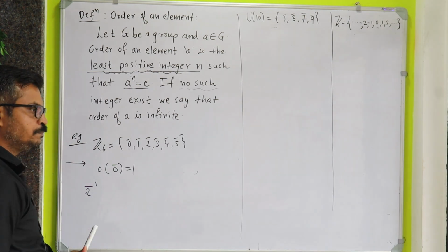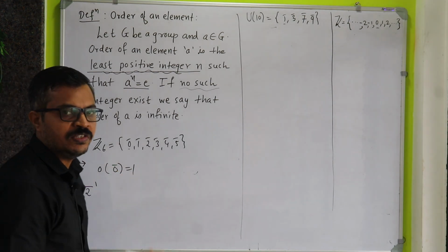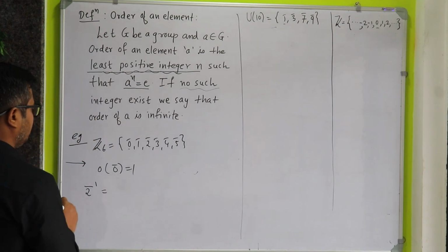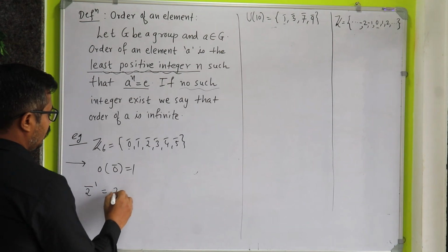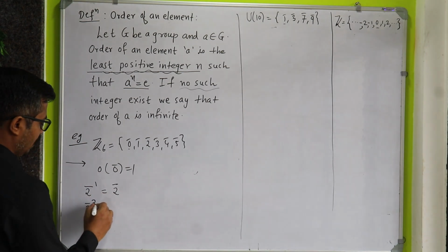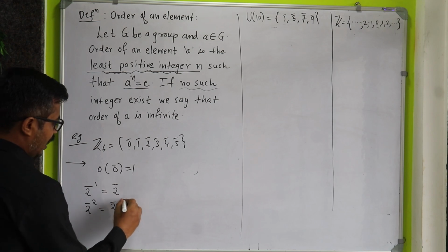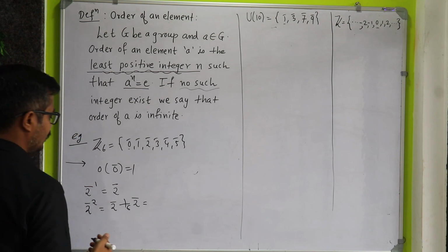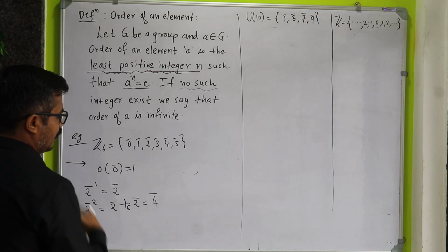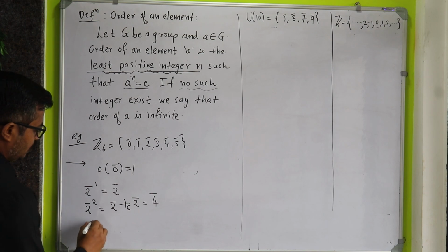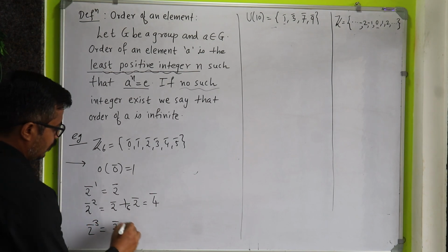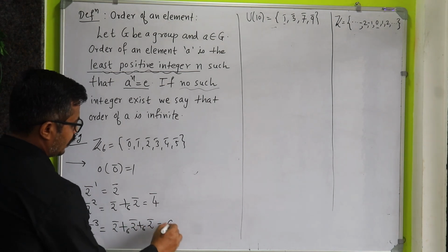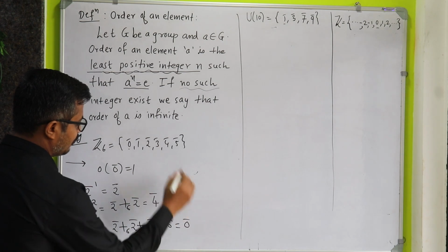So 2 bar raised to 1 will be 2 bar. 2 bar raised to 2, remember, will be 2 bar addition modulo 6 2 bar, because the operation in Z6 is addition modulo 6, and this is actually nothing but 4 bar. 2 bar raised to 3 will be 2 bar plus 2 bar plus 2 bar once again, but that will be 6 bar.